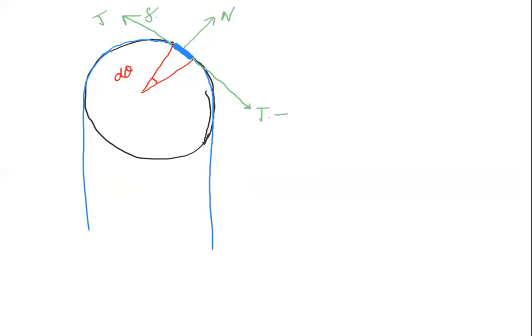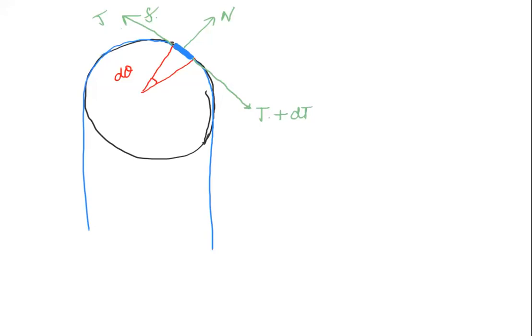Therefore, we come to the conclusion that there must be an extra tension here. There must be different tensions on both sides of the little element of rope that I have chosen. That is the only way that you can factor in the concept of friction acting on that teeny tiny piece of rope.